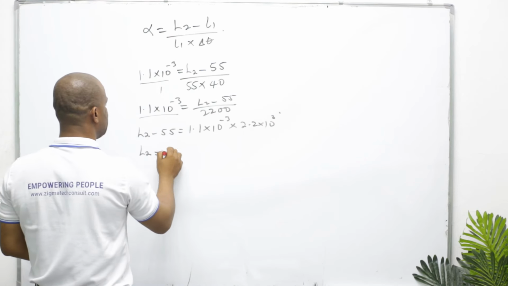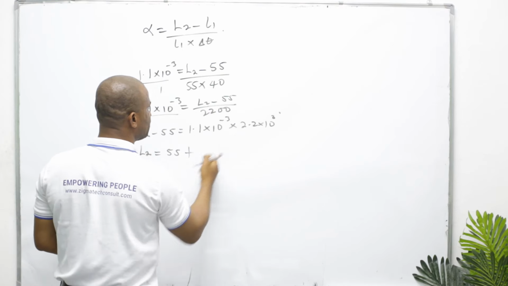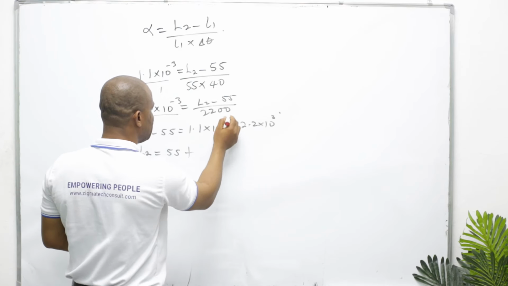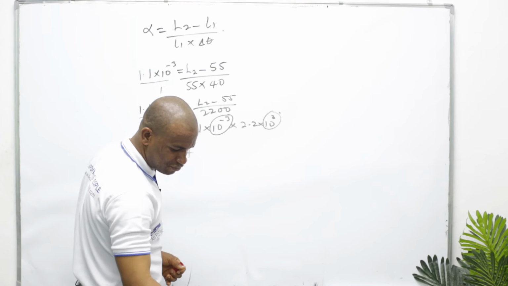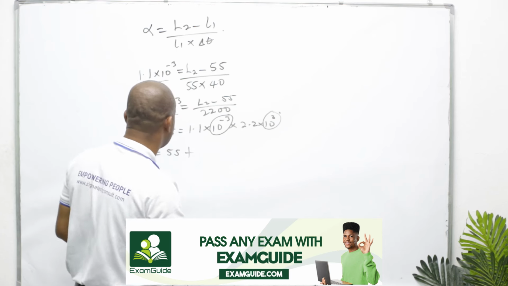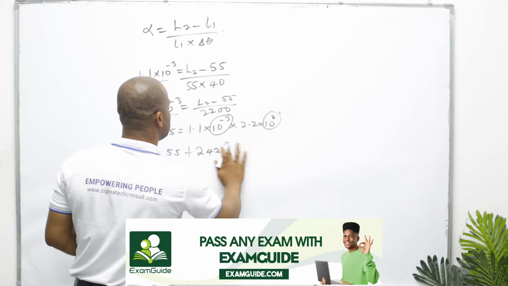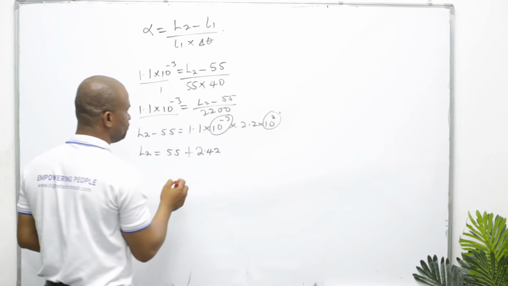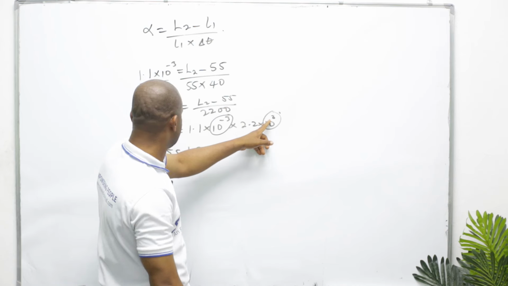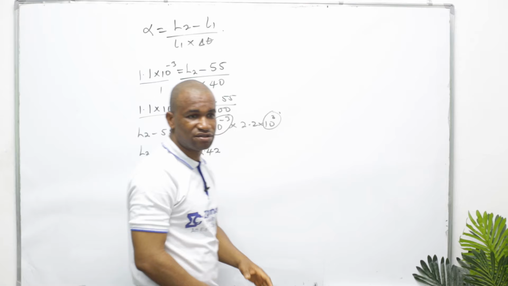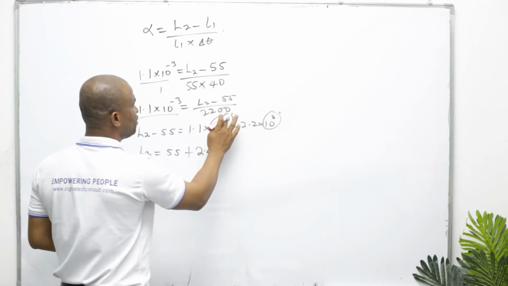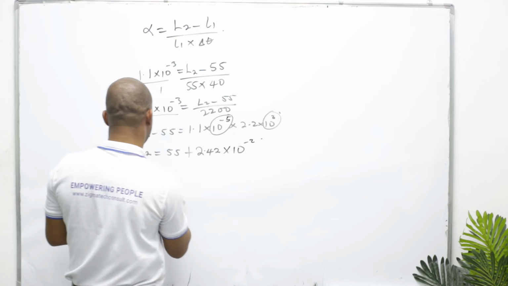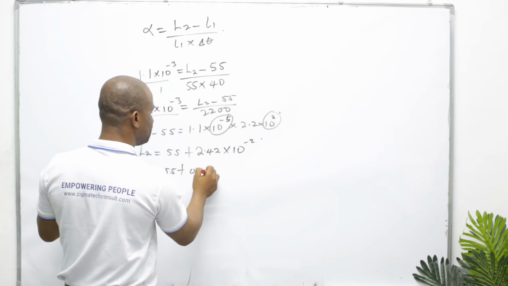So L2 is equal to 55 plus 1.1 times 2.2, which is 2.42, and then 10 raised to the power minus 5 and 3: minus 5 plus 3 is minus 2. So L2 is going to be 55 plus 0.0242.